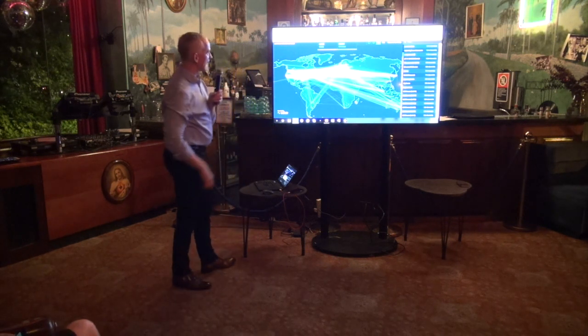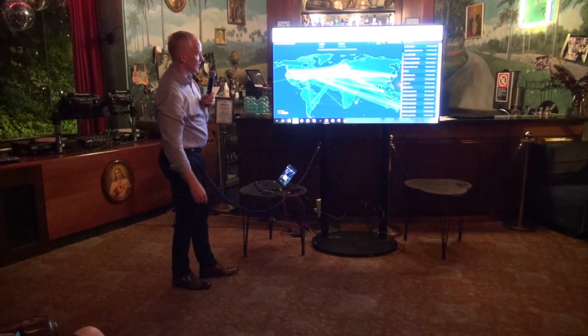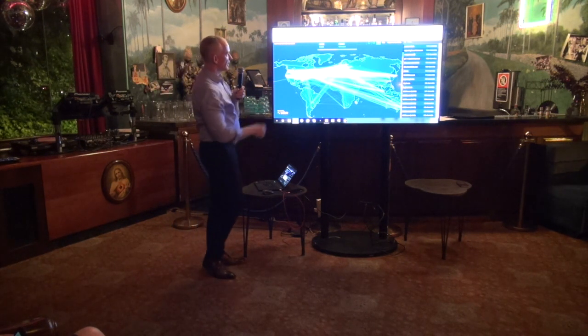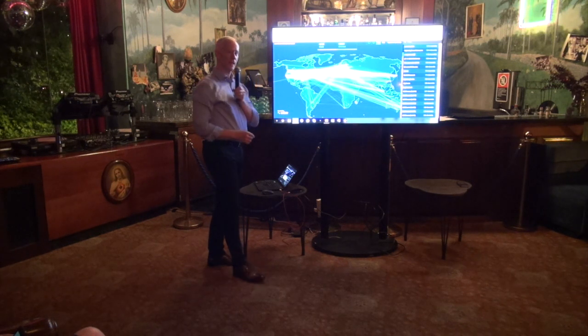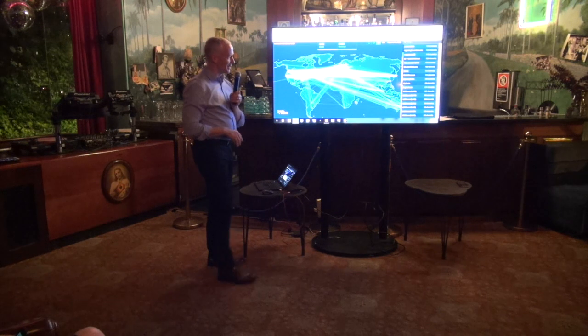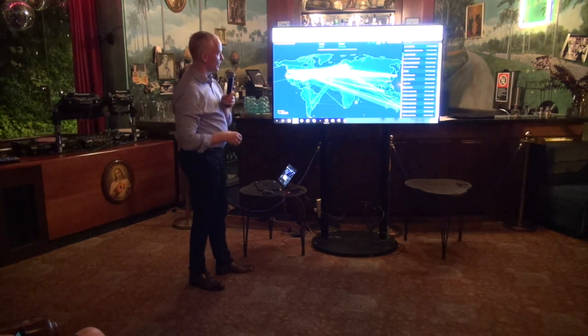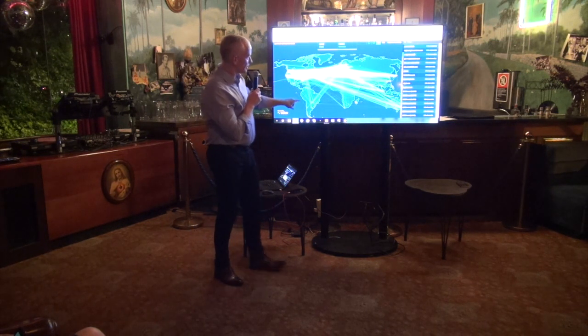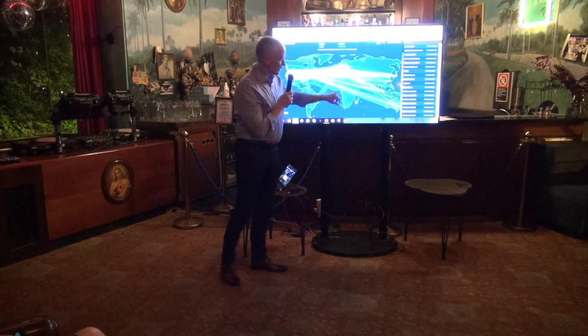This is from Async. Async are the guys who make the Eclair wallet. So this is 4,000 nodes, roughly 40,000 channels. As I said, it does depend on which Explorer you're looking at. So these are the little dots, obviously the nodes, the connectors, obviously the channels.